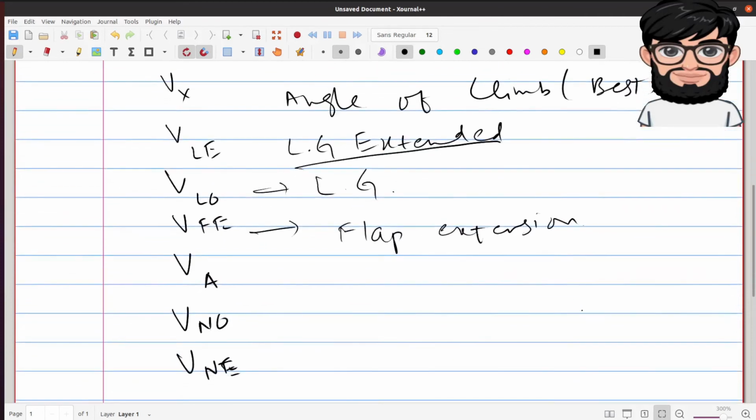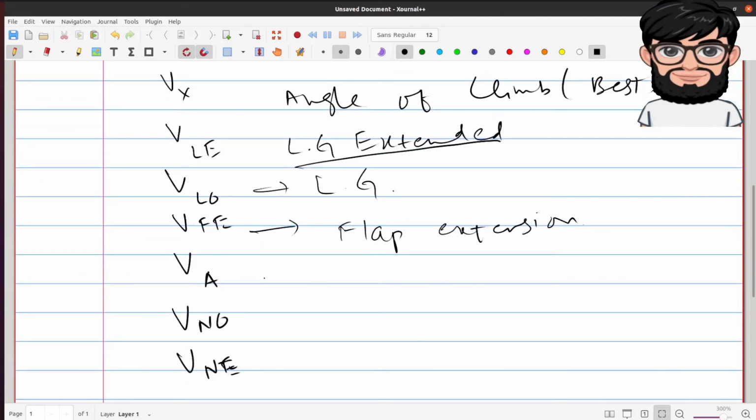VA is the maneuvering speed, a very common one. Definitely should know that. VNO is the normal operating speed.